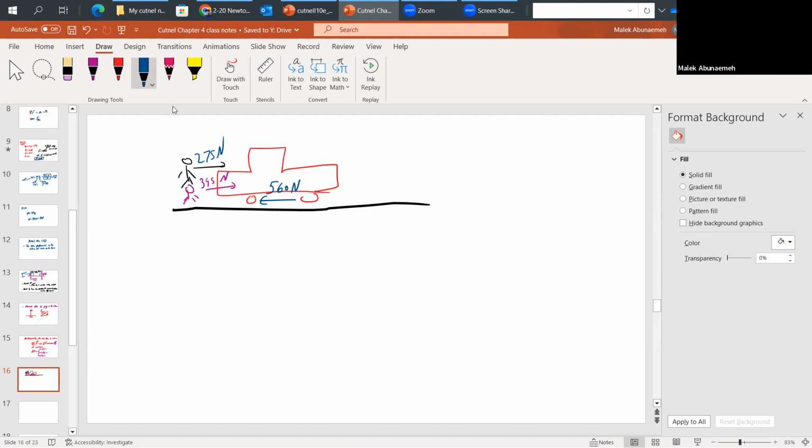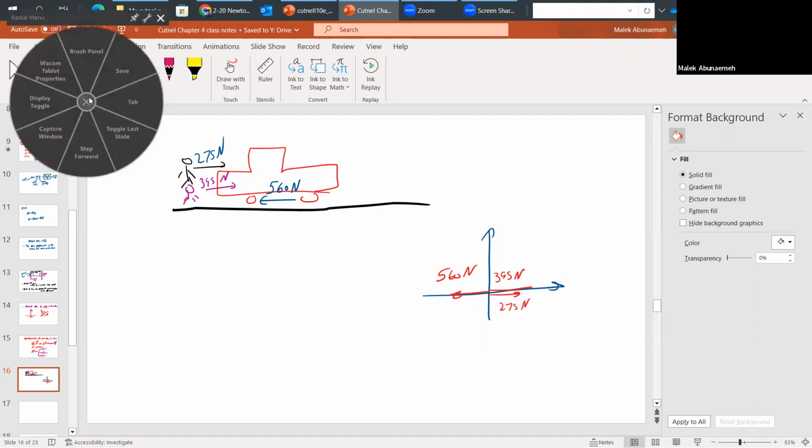Drawing that in a diagram, here's your X, here's your Y axis. That means you got one of them going that way at 560, and two of them going the other way: one at 395 newtons, the other at 275 newtons.